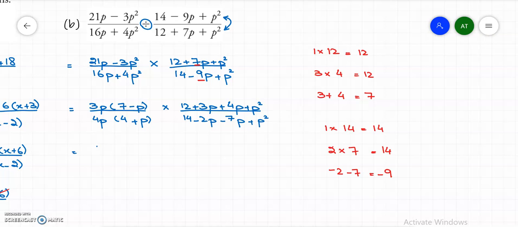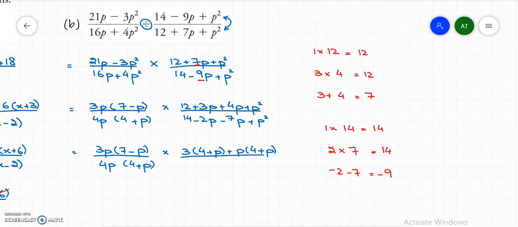Okay, so 3p into 7 minus p over 4p into 4 plus p, times, the common term is 3, so let's take 3 common. 3 times 4 is 12 plus p, and we can take p common, and we are left with 4 plus p.